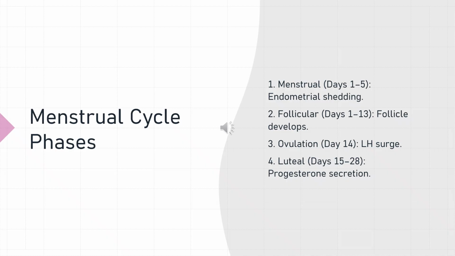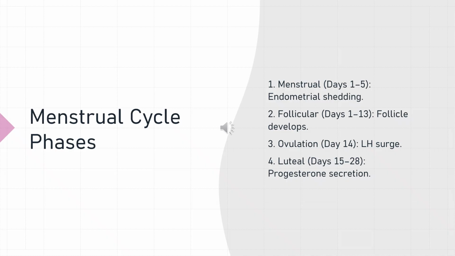Typically on day 14, ovulation occurs. This happens due to a surge in the luteinizing hormone, which causes that follicle to rupture. This releases the ovum into the fallopian tube. During this time, cervical mucus becomes thin, clear, and kind of like an egg white consistency. This is ideal for sperm mobility and motility up into the egg area.